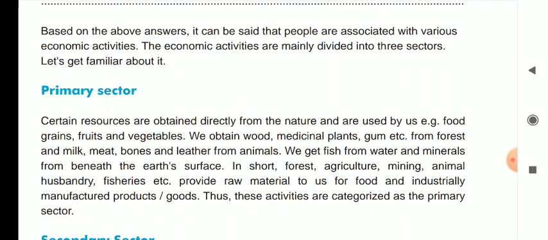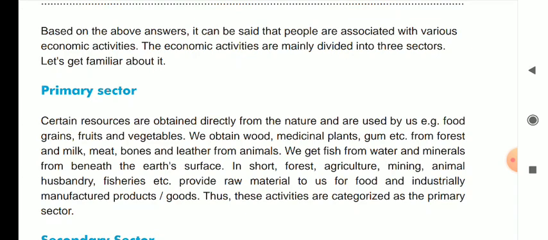Certain resources are obtained directly from nature and are used by us. Example, food grains, fruits and vegetables.